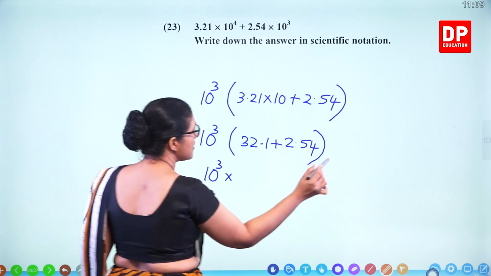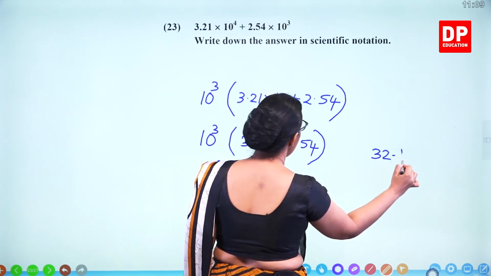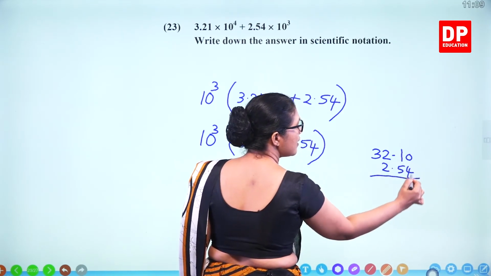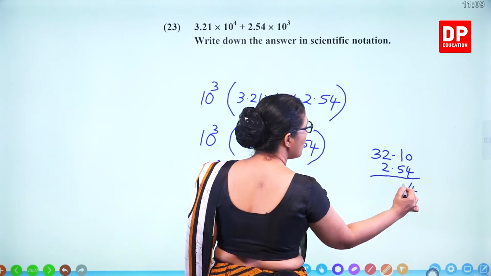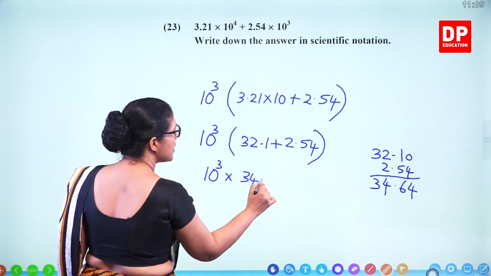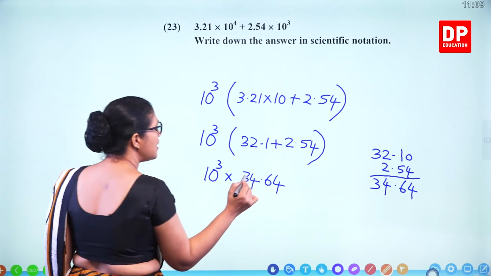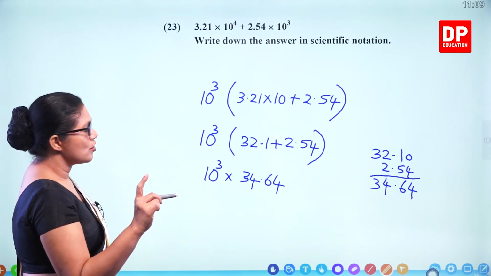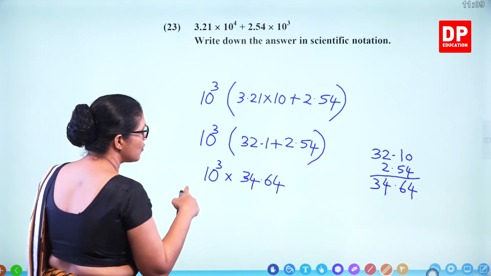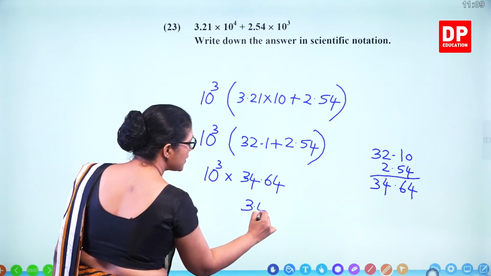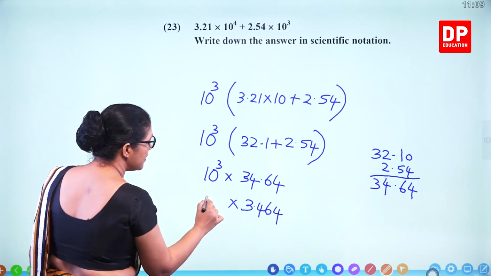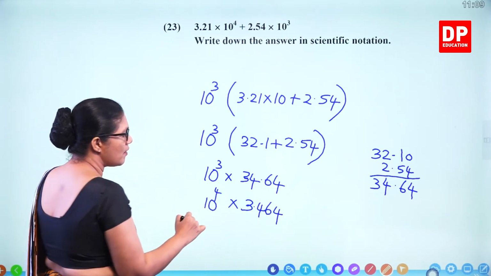It's better to write in a column, 2.54. Add it: 4, 6, 4, 3. You get 34.64. This is not in scientific notation, so you have to write the number less than 10. That's 3.464, which means you have to multiply by 10, so this becomes 10 to the power 4.